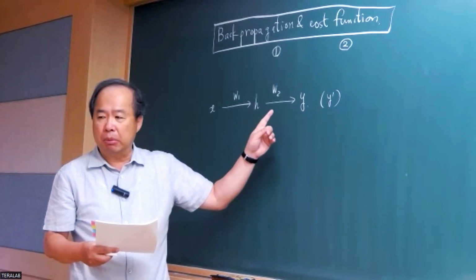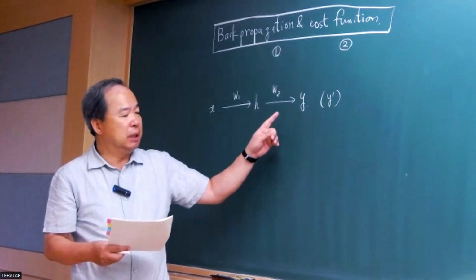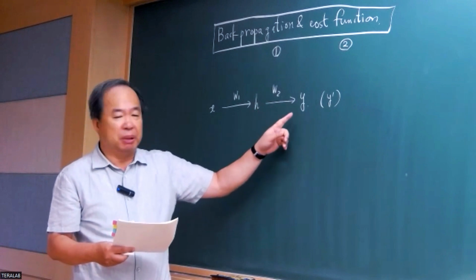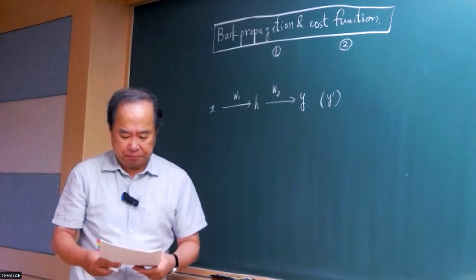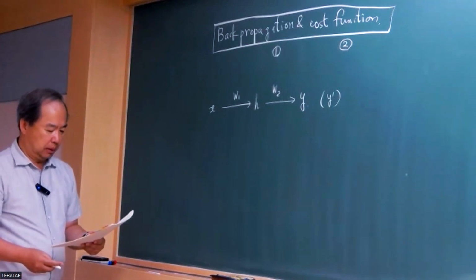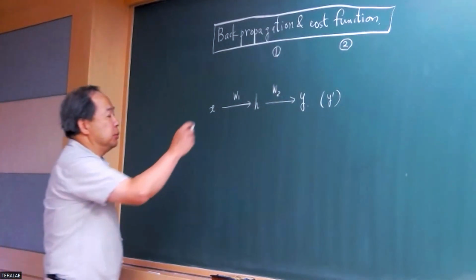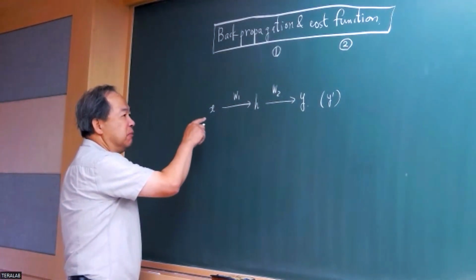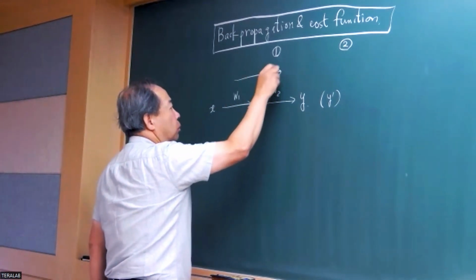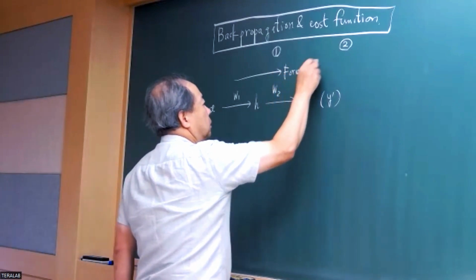At this moment, I'm assuming the activation function of layer 2 is a sigmoid function, and that becomes the output Y. The process to convert the input vector to the output is called forward propagation.